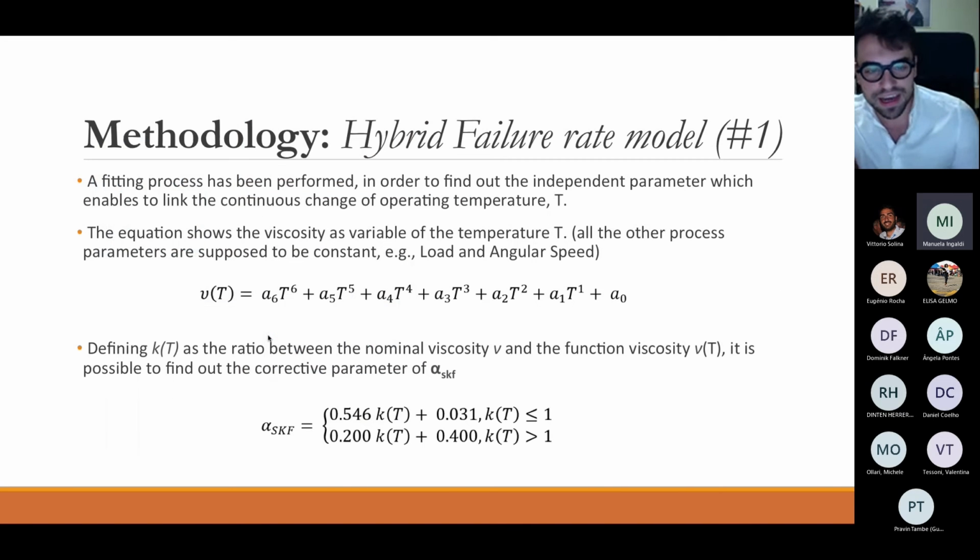Then we can see here a 6-degree polynomial that has been implemented, and it considers just the temperature, because we want to write the viscosity as a function of temperature. Therefore, according to the operating temperature, the viscosity is calculated precisely, and consequently the modification of the expected life of the device.